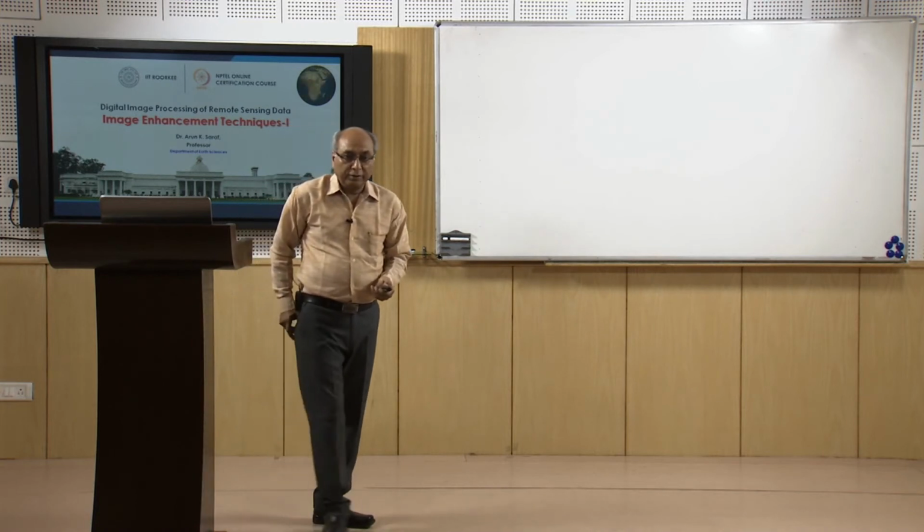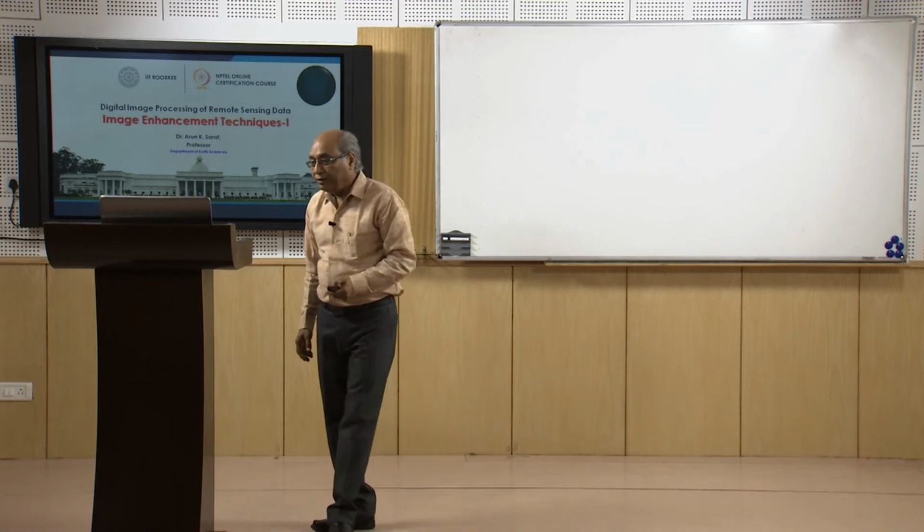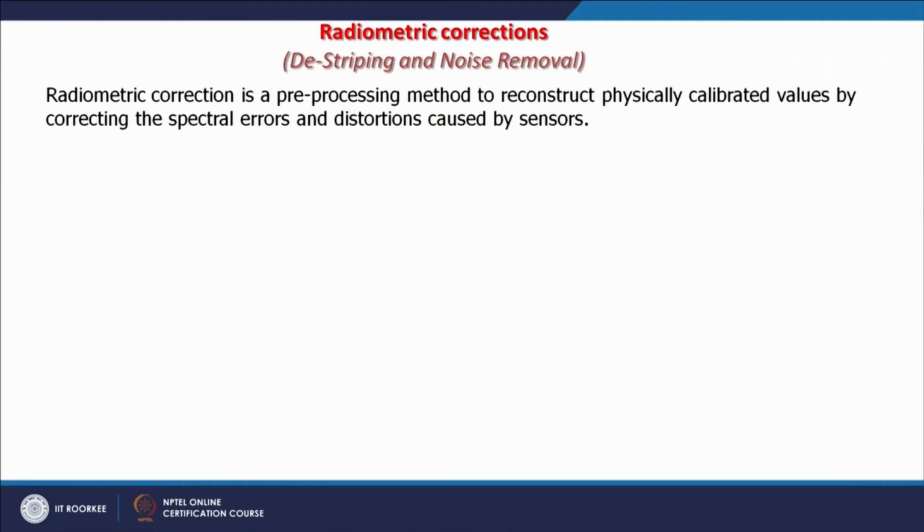There might be some simple, maybe systematic ones, de-striping and noise removal. These may come because of the performance of different sensors on board or CCDs on a linear scanner. So radiometric correction is a pre-processing method to reconstruct physically calibrated values by correcting the spectral errors and distortions caused by the sensor.